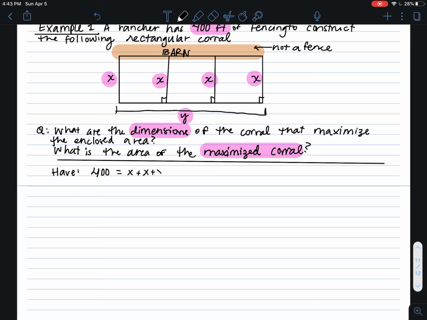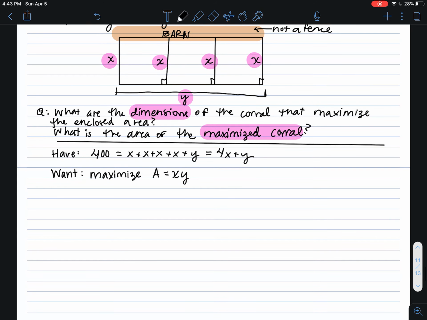So x plus x plus x plus x and y, which we could rewrite as 4x plus y. We want to maximize A equals xy. That's our area. Okay?